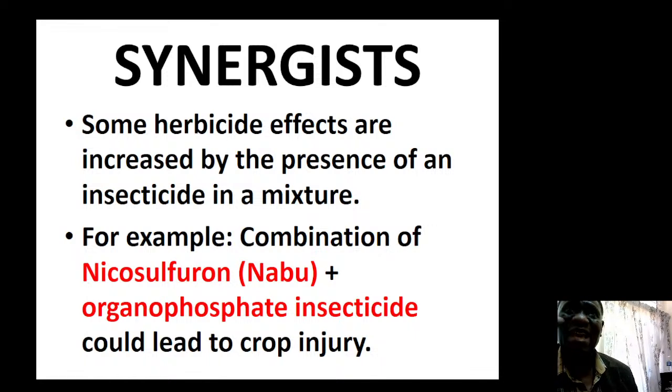Sometimes it works, but with nicosulfuron, you may end up killing your crop. But some people do it deliberately: get ammonium nitrate, mix it with glyphosate in order to boost the killing effect of glyphosate.